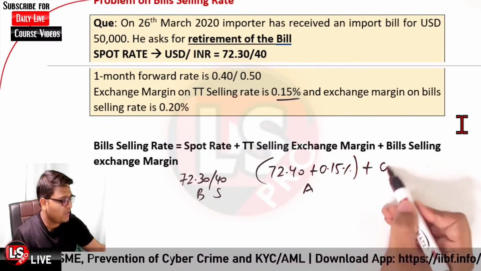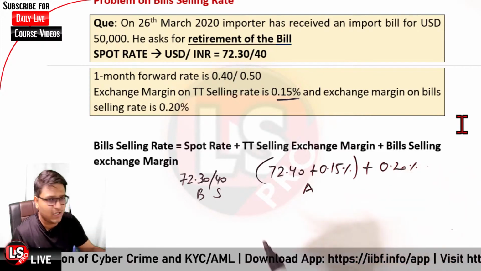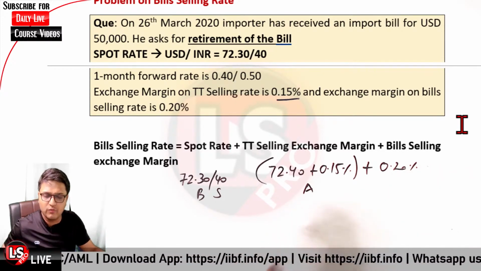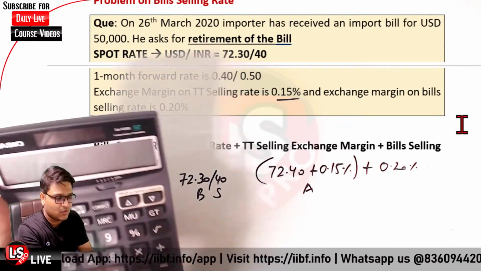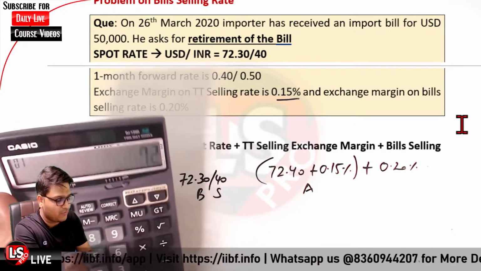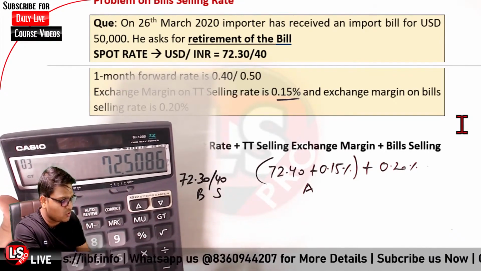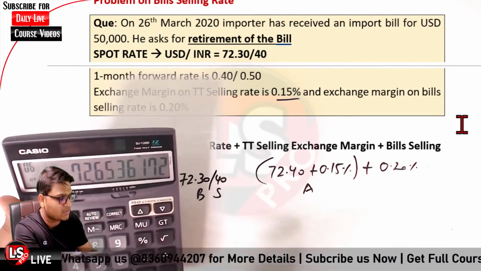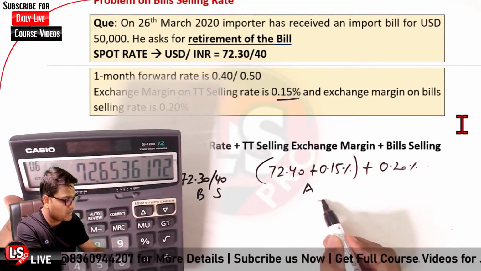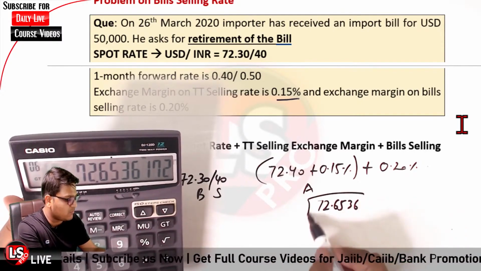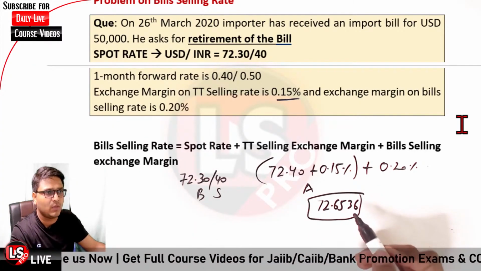So it will be 0.20% that would be added to it. Okay, so we need to just calculate it now. That is basically 72.4 plus 0.15%, and then you need to add 0.20%. The rate would be 72.6536.